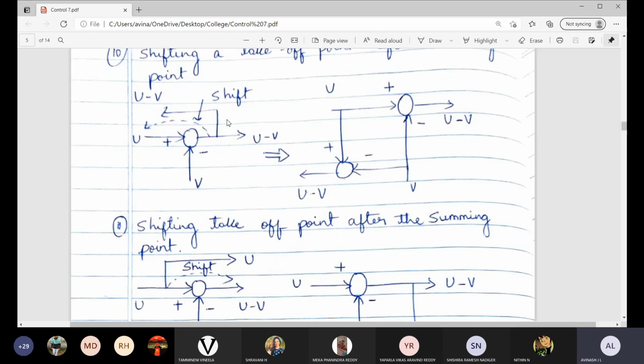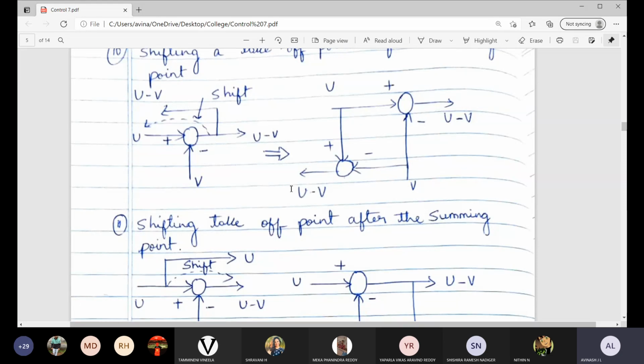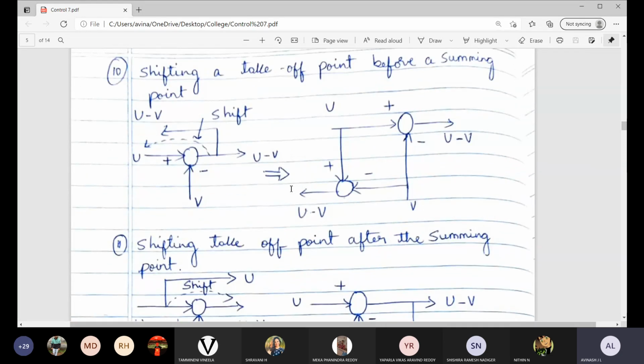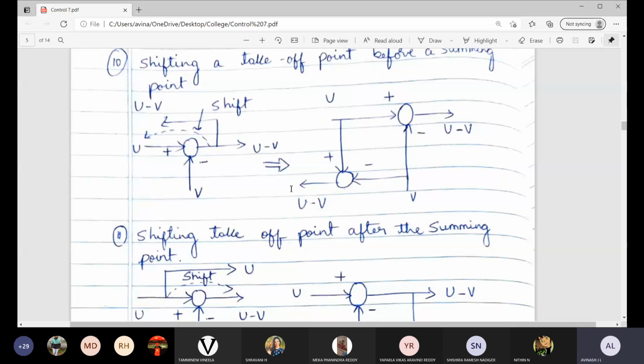But another point we want consists of u minus v. Same line, we have taken u and here we have taken v. So it is positive and here it is negative, u minus v. So just recalling you people. Do you have any doubt in this particular takeoff point before and after a summing point?